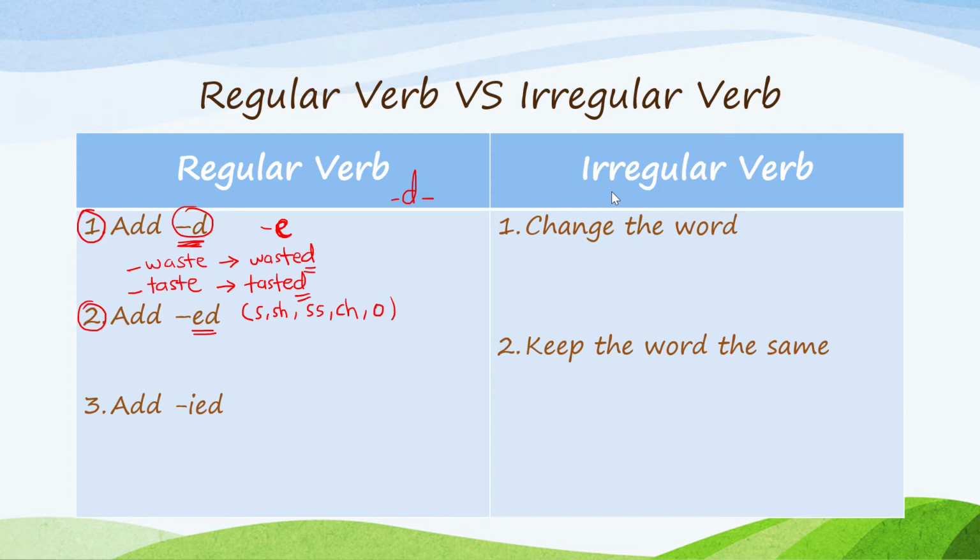Alright, kita fokuskan pada perkataan ini dahulu. Okay, first example adalah wash. Wash berakhir dengan SH. So, we only add ED. Washed.